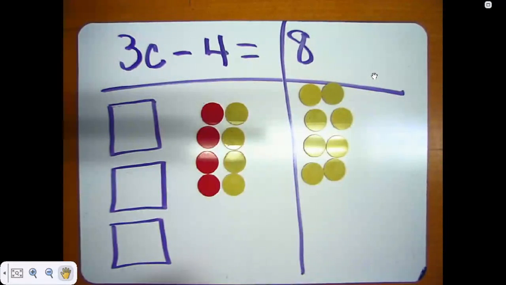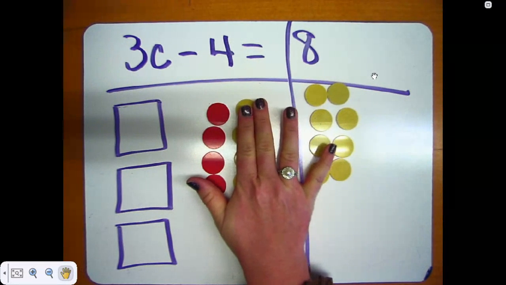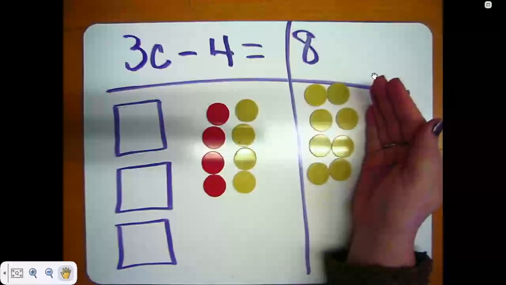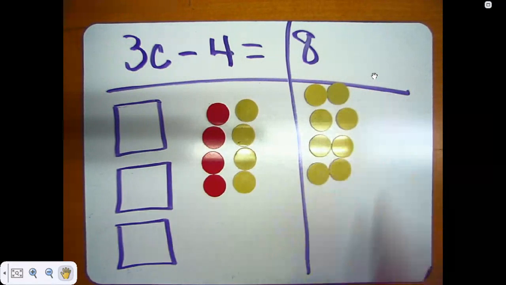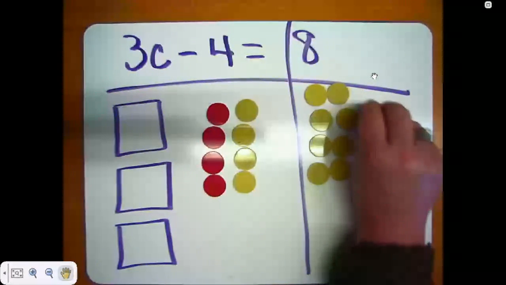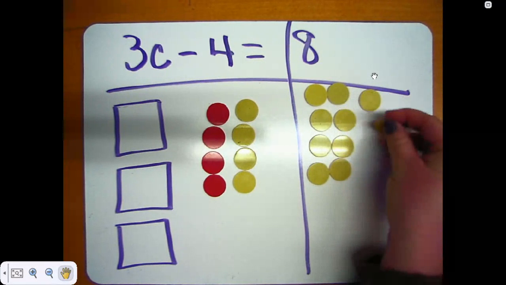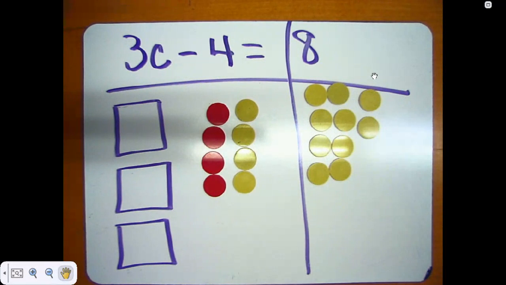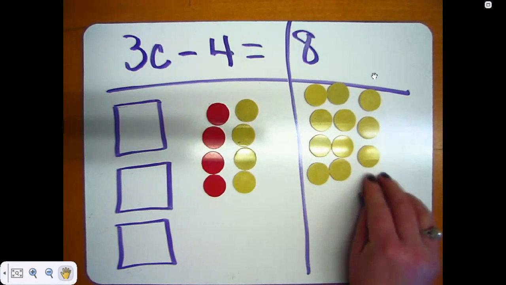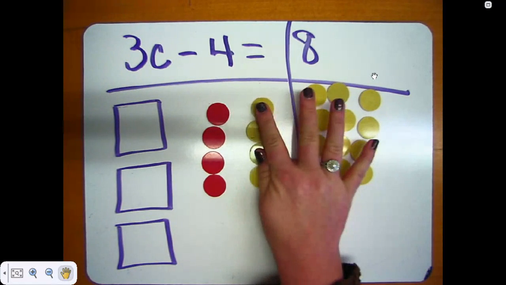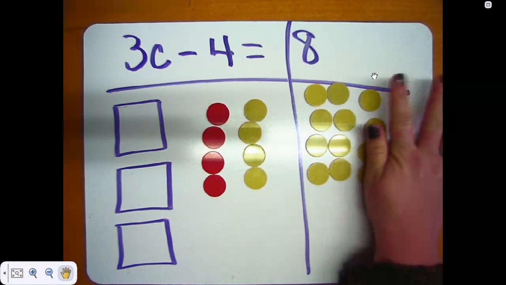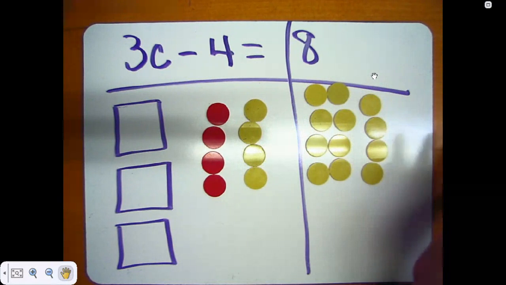So we fixed that. As soon as you add positive 4 here, automatically add that same positive 4 here. Don't try to do it separately, because you'll get confused and not realize what you need to put over there. So now we have our positive 4 here, and we have also added positive 4 here.